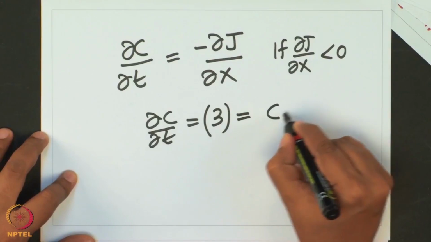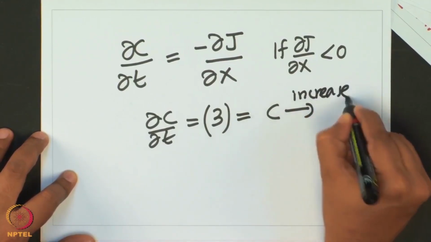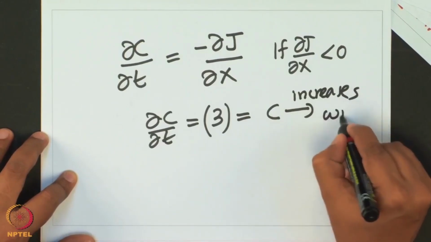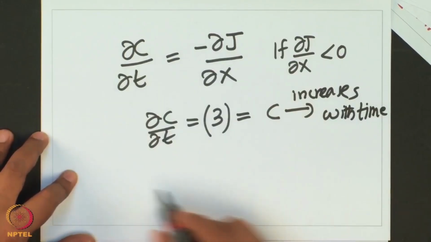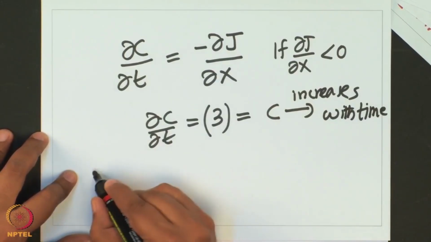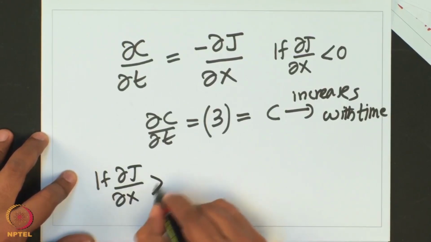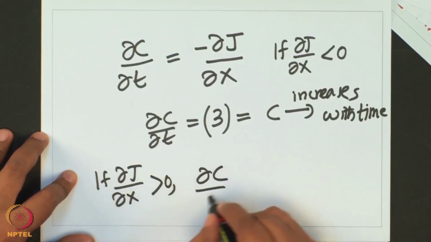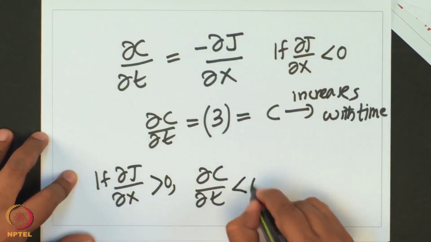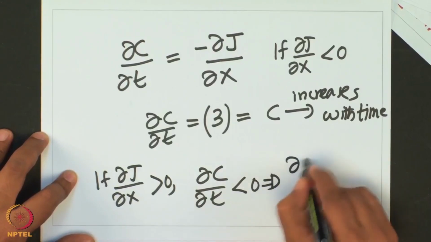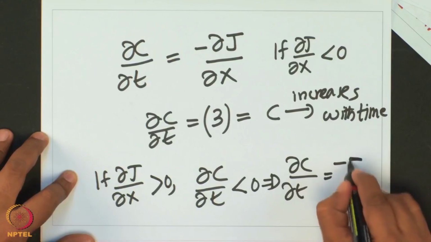This would mean that C increases with time. C will increase with time at this location. If del J by del X is positive, del C by del T will be, this is positive, this is negative, this will be less than 0, that is del C by del T will be some negative number, negative 5.